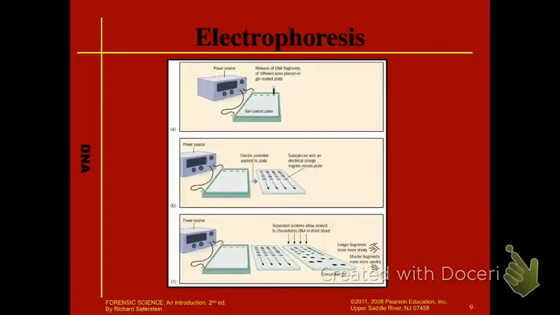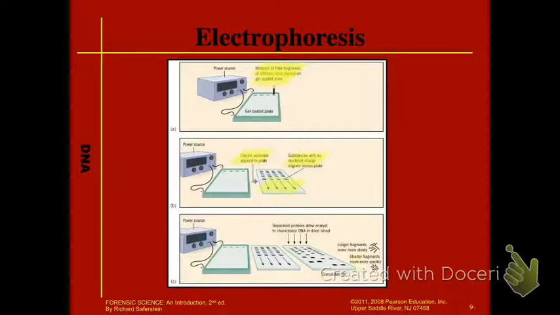Take a look at this diagram, and we're actually going to do this in class also. We have different DNA fragments of different sizes placed into a gel, and then we run an electric current through it. DNA is a charged molecule, so it's repelled by the negative side of the gel, and it moves down the gel, away from the negative end.